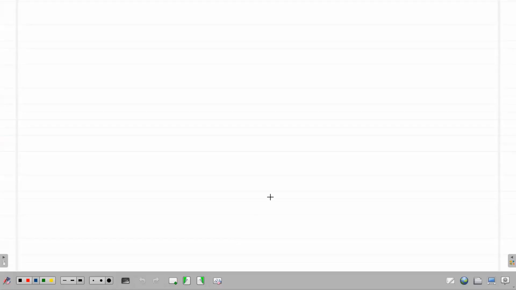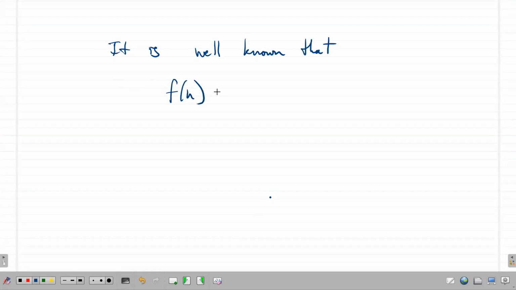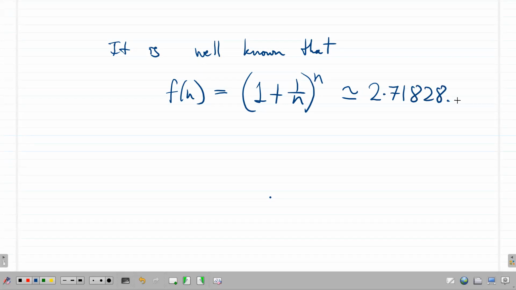So I want to talk about a common phenomenon that people often forget about. To illustrate with an example, it is well known that if you compute the following function f of n, which I'll call (1 + 1/n)^n, then if n is very, very big, this is approximately equal to the number 2.71828, blah, blah, blah.